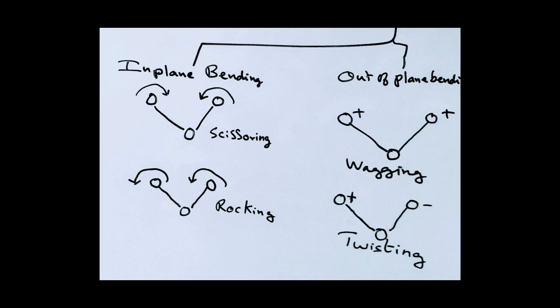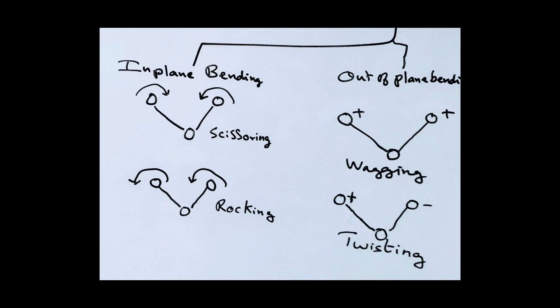See, one of the OH groups may go below the plane and another OH group may go above the plane. In such a case, we have another type of vibration called twisting, just like our twist dance. So the out-of-plane bending vibration is of two types: wagging and twisting.